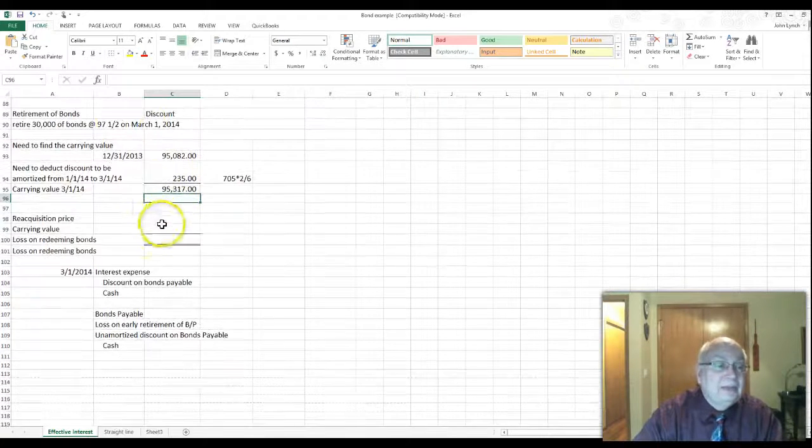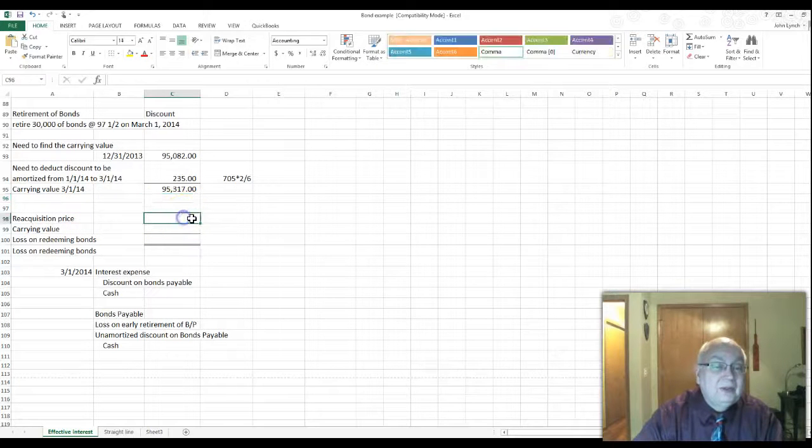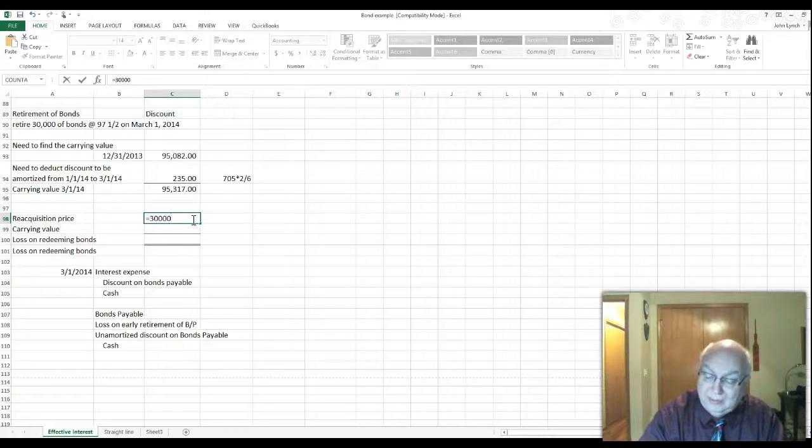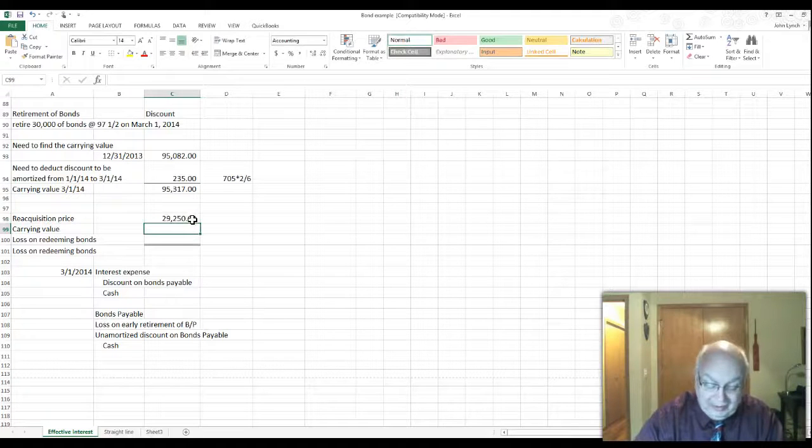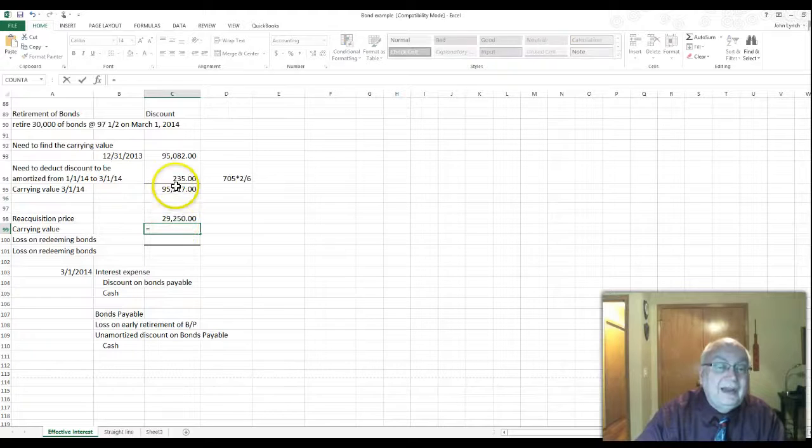Okay, so now we do the reacquisition price. We know we have $30,000 worth of bonds, and we bought them back at 97.5. That's a percentage, so it's 0.975, or $29,250. The carrying value is equal to the $95,317 times 0.3.